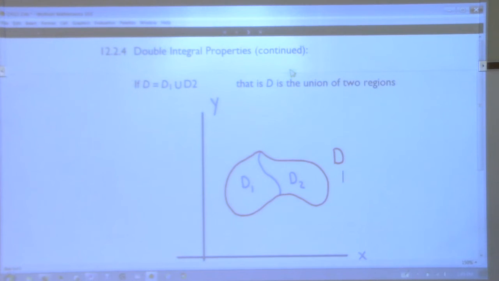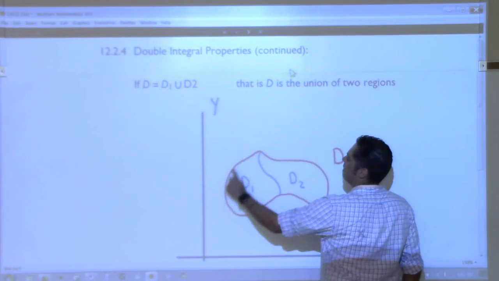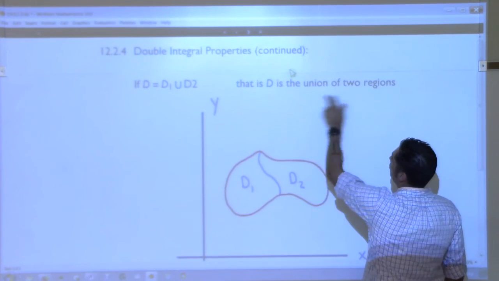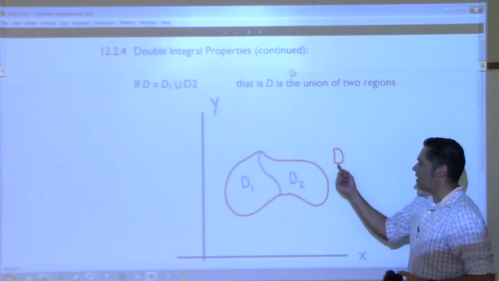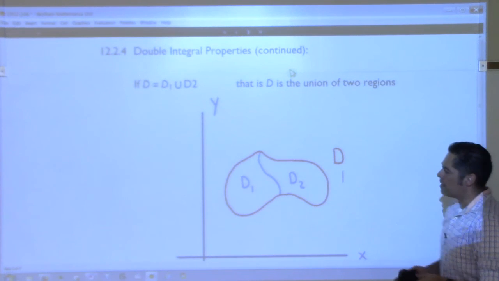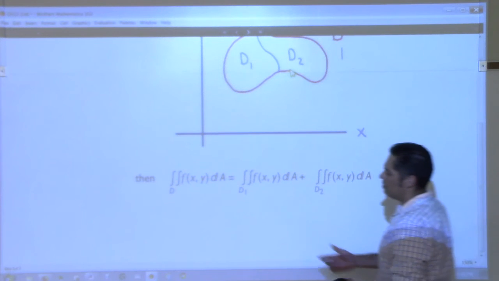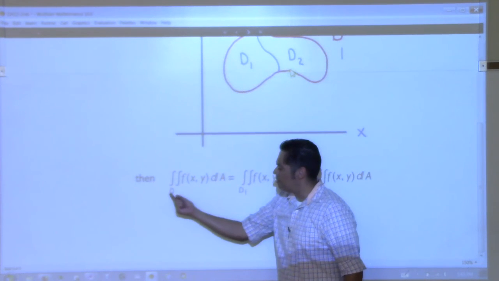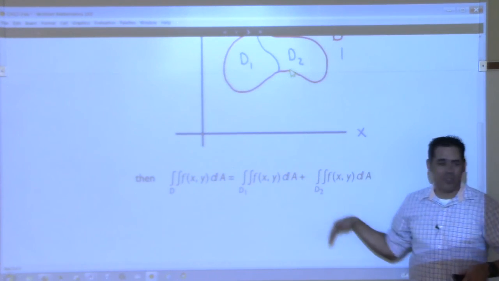All right, here's something that we should know now about double integrals. And I kind of discussed this a little bit. If your region, D, happens to be the union of two other regions. So if I take D1 and D2, if I put those together in one big pot, I get D, right? So if you break up your region, capital D, into two smaller regions, then you can basically take your double integral over D and break it into the sum of two double integrals over D1 and D2 respectively.